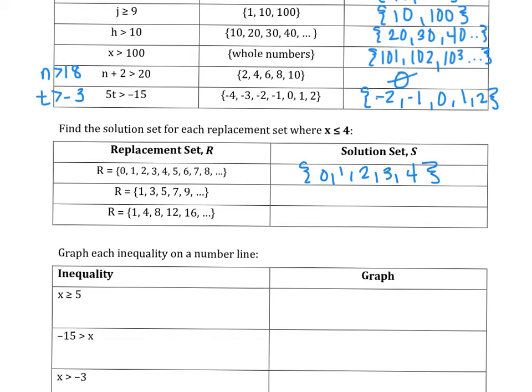In our second replacement set, which ones make it a true statement that x is less than or equal to 4? That would be just numbers 1 and 3 from that replacement set. And from the third replacement set, it would be just numbers 1 and 4.